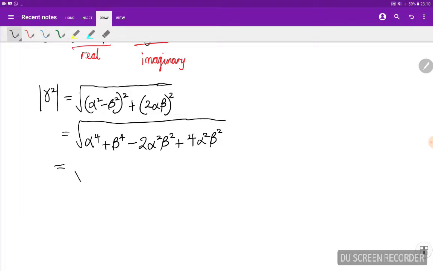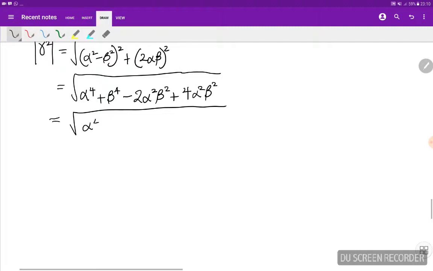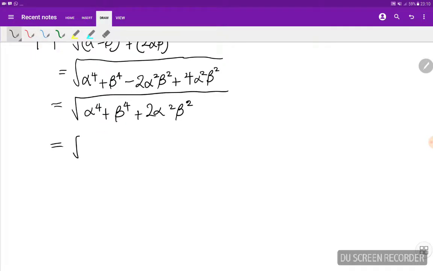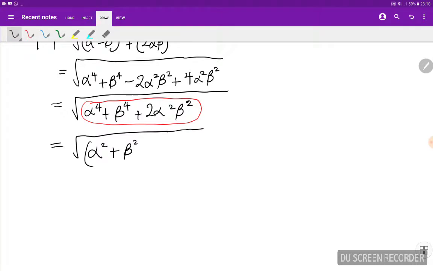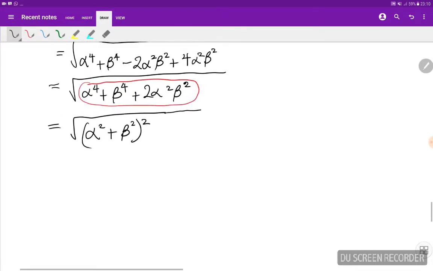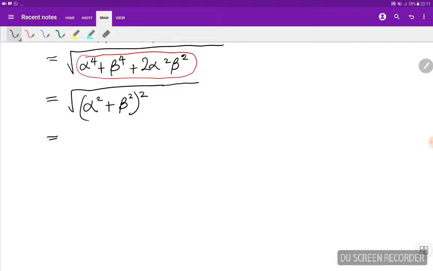If we simplify this, we get the square root of α⁴ + β⁴ + 2α²β². Normally the inside here is naturally equal to (α² + β²)². So if you find the square root of that, we'll get α² + β².